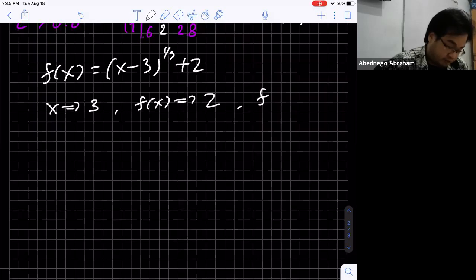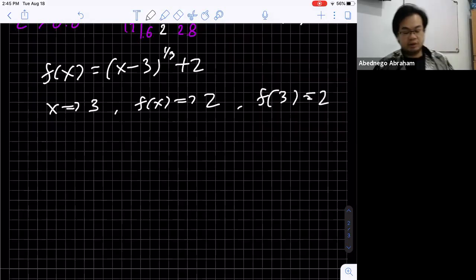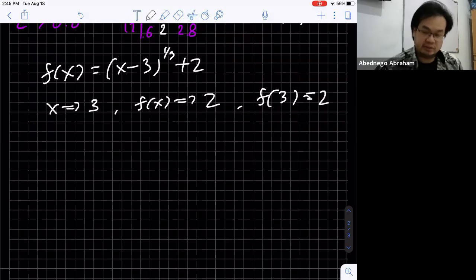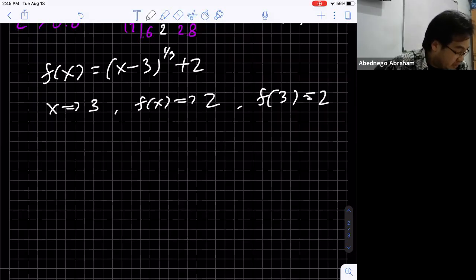And actually f of 3 is equal to 2. So in this case, the exact value does exist. Now, A. Find graphically the largest value of delta for which the f(x) is within epsilon 0.8 unit of 2 whenever x is kept within delta units of 3.